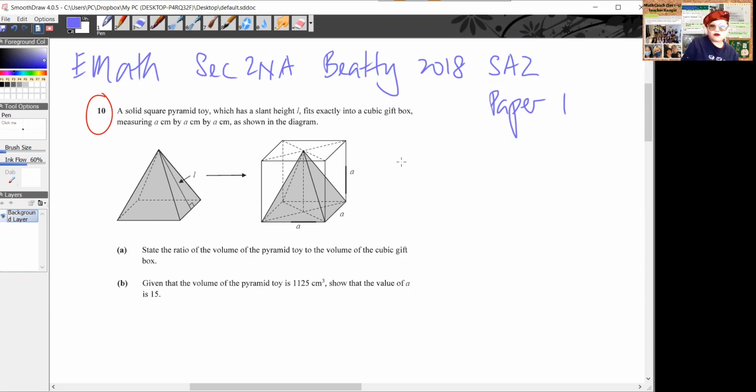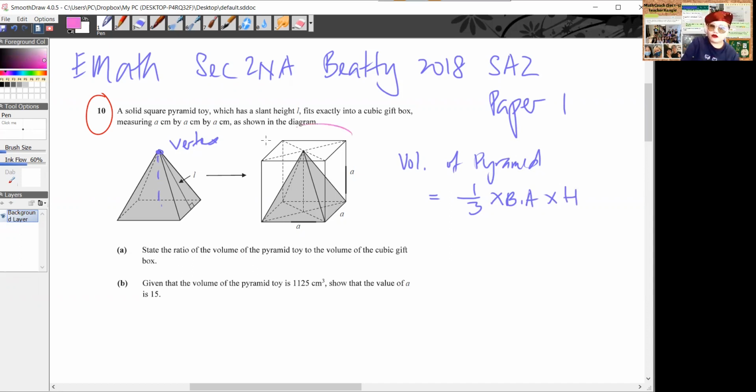So do you know that volume of a pyramid formula? Volume of a pyramid is 1/3 because there's a Christmas tree. I call it a vertex. Okay, 1/3, then multiply by the base area and multiply by the perpendicular height. So that's the formula of a pyramid.